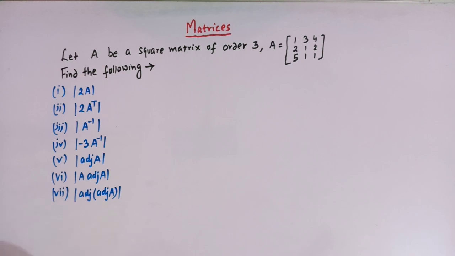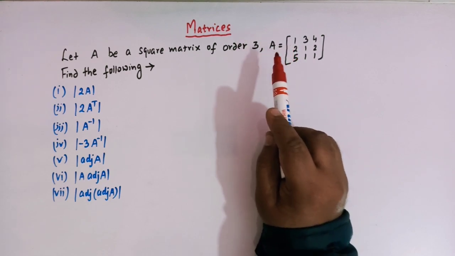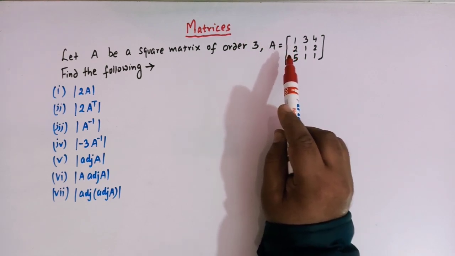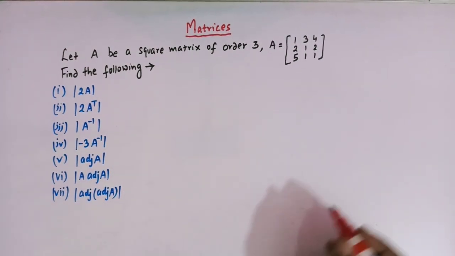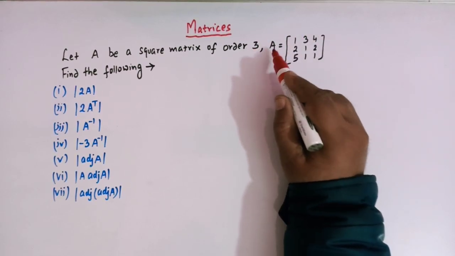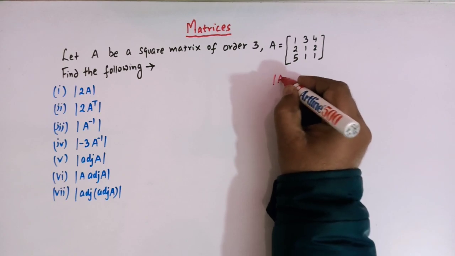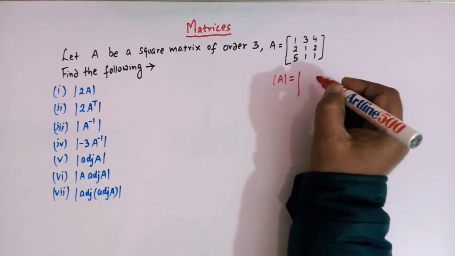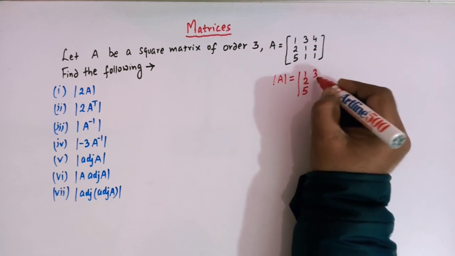So let us start, and let us first find the value of the determinant A corresponding to this matrix A, right? So here let us denote the determinant of this matrix A as determinant A, and we'll find first the value of this determinant, right?